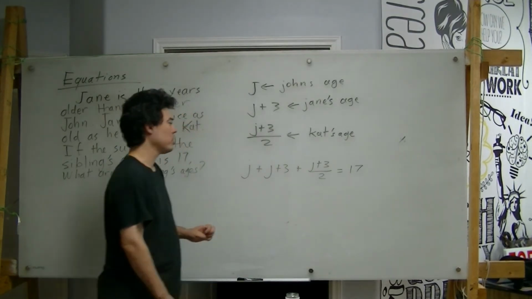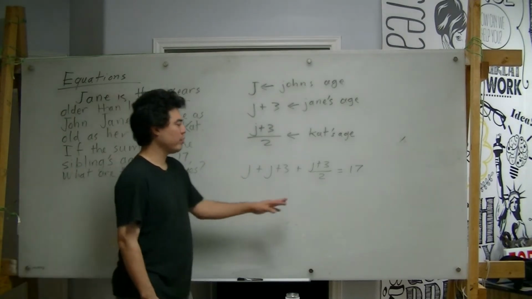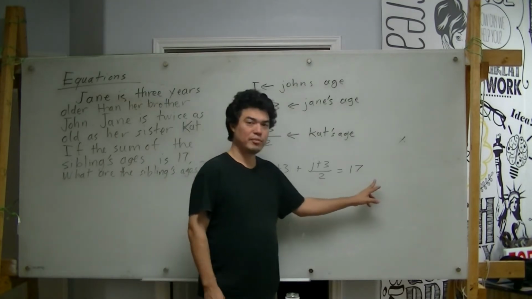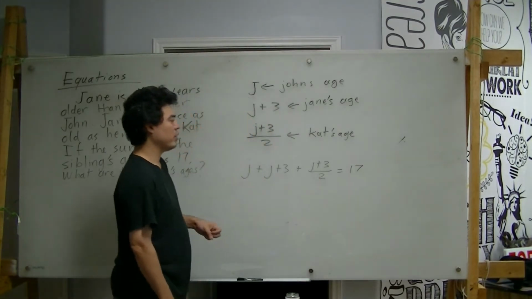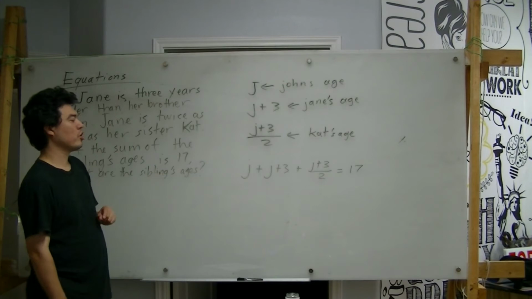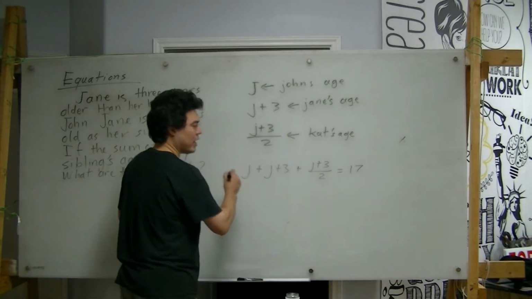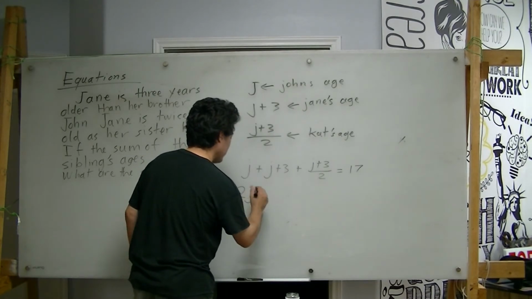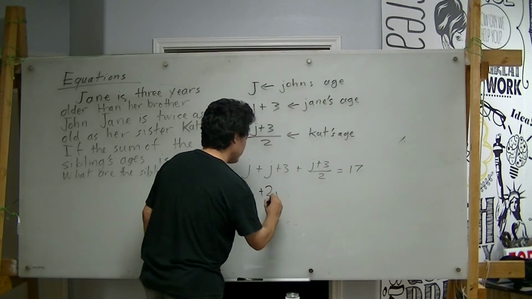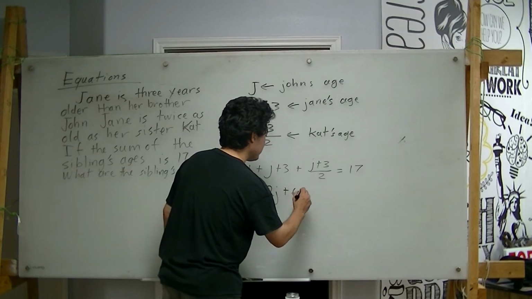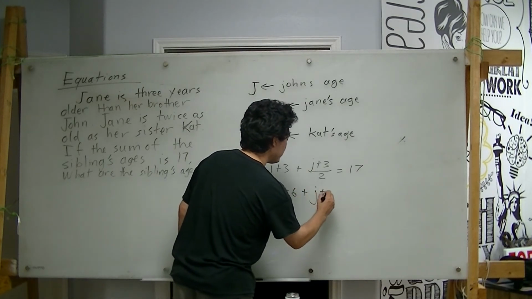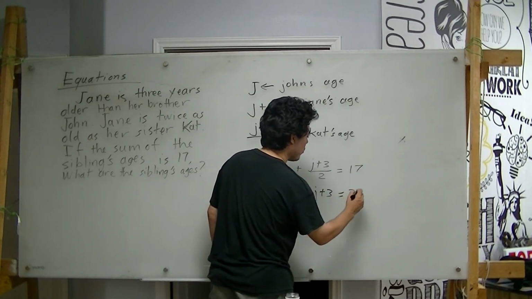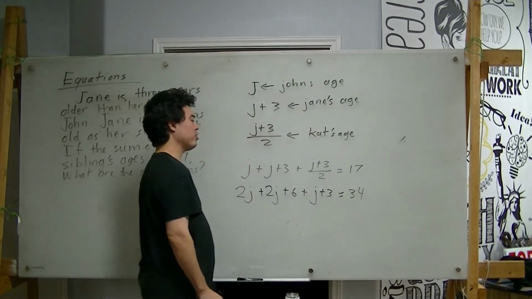Okay? So we have this 2 on the bottom of this fraction. If we multiply the whole thing on both sides by 2, we can get rid of that 2 on the bottom, and everything will look a lot easier. So it'll be 2J plus 2J plus 6 plus J plus 3 equals 34, because 17 times 2 is 34.